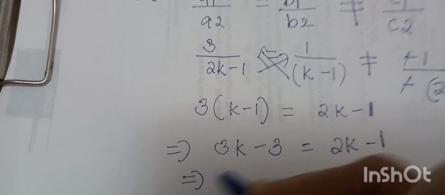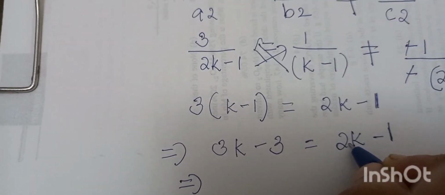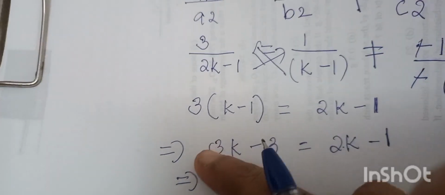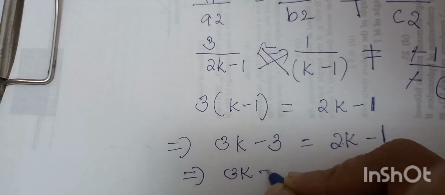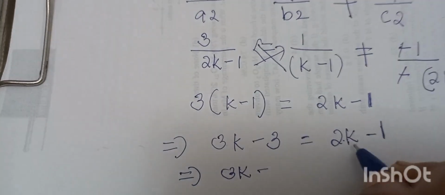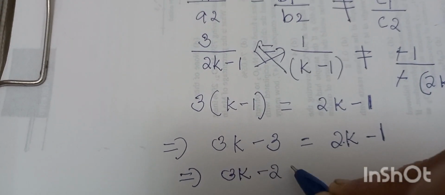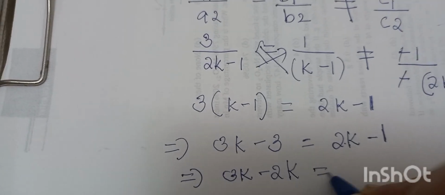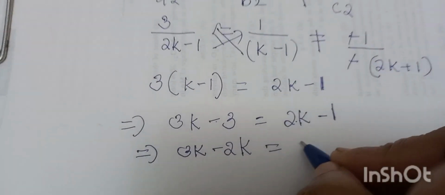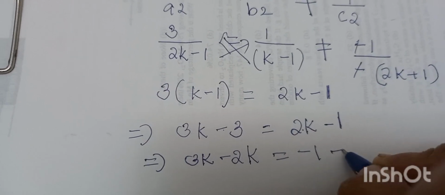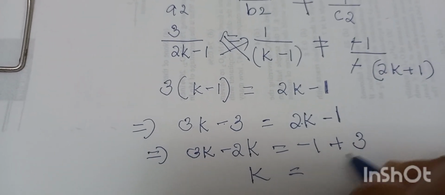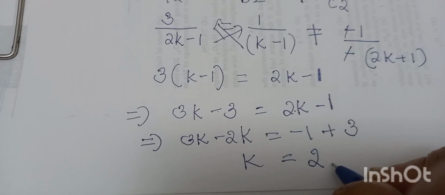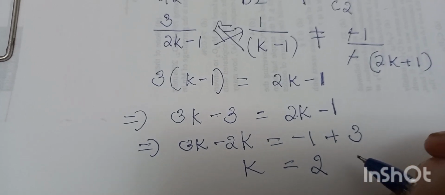Which implies, transpose this 2k to this side, so it becomes minus 2k, and transpose minus 3 to this side, so it becomes plus 3. So k is equal to, simplify this, we get 2. K is equal to 2. Is it clear for you?